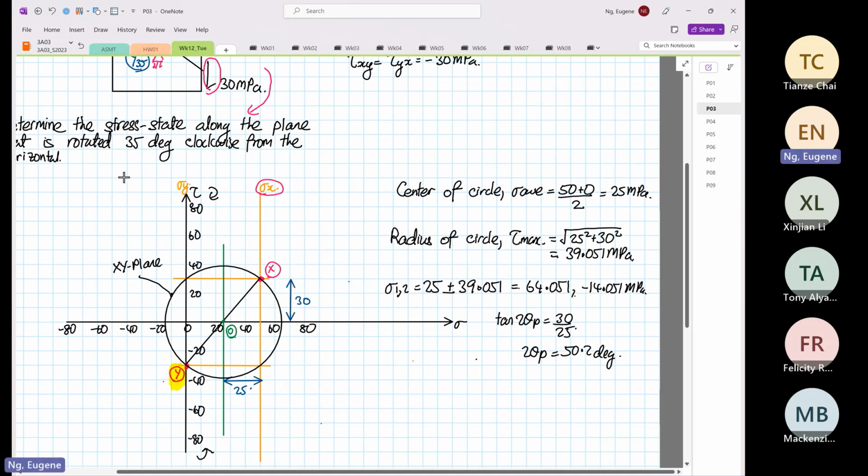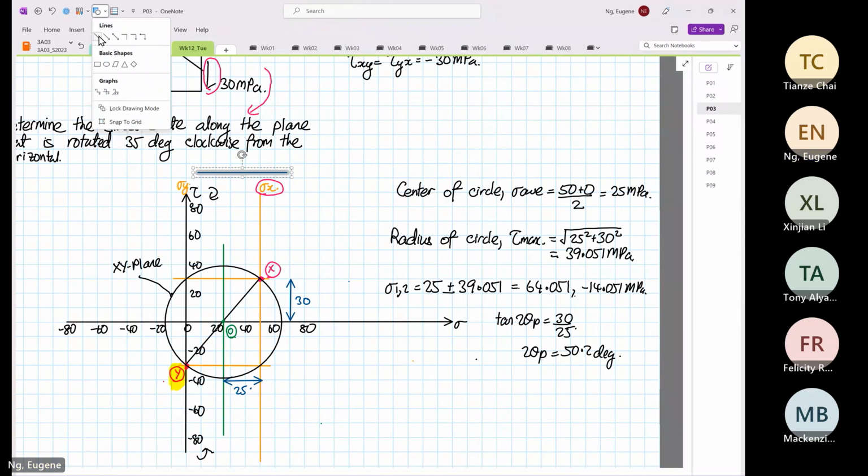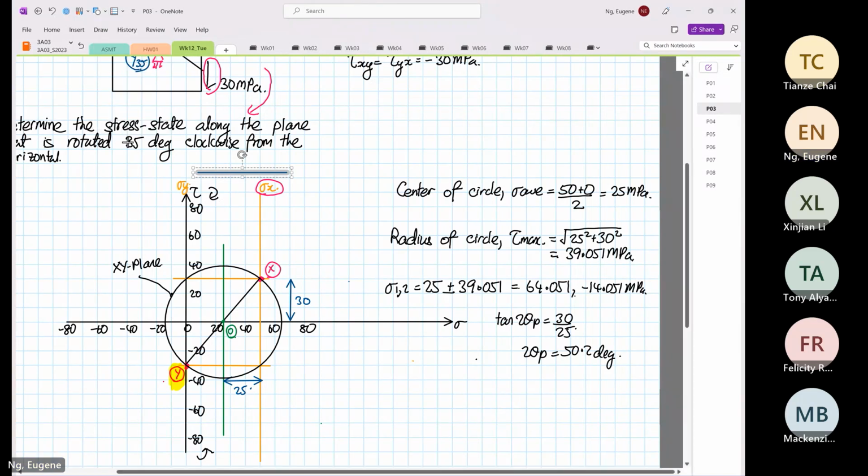with my protractor. And it's not easy to use a protractor on a digital screen. And then this is my 70. Okay, so this is my 70.